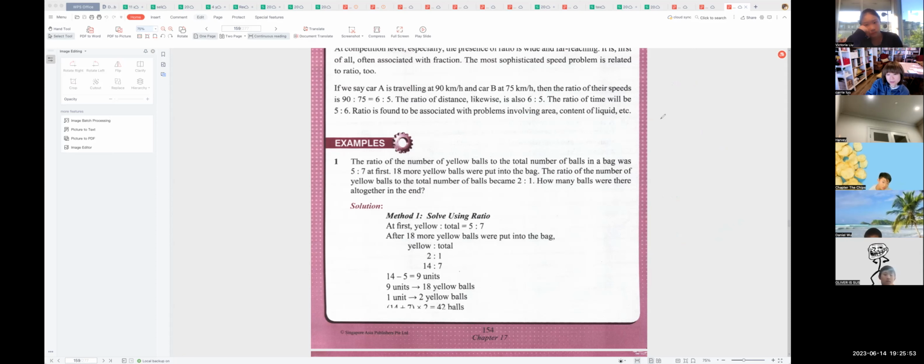So the total at the very beginning, she said is, so who can help me here? So the total is 42. The ratio of the number of yellow balls to the total number of balls became 2 to 1. That's impossible. How can there be more yellow balls than the total? Never gonna happen. Correct, Oliver? It's never gonna happen. I felt this part was very wrong, because how can the total be less? So this question is wrong, so we won't do it, okay? This question has a problem, right?